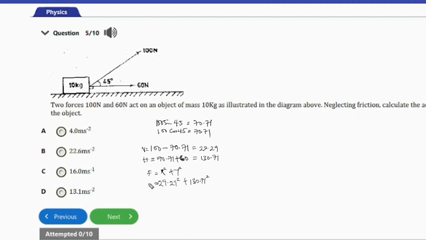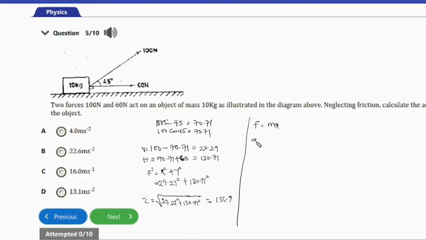So z squared is equal to 29.29 squared plus 130.71 squared. So z alone is going to be the square root of this, and that's about 133.9. So guys, if we divide this value by the mass, then we'll get the acceleration, because force is actually mass times acceleration.